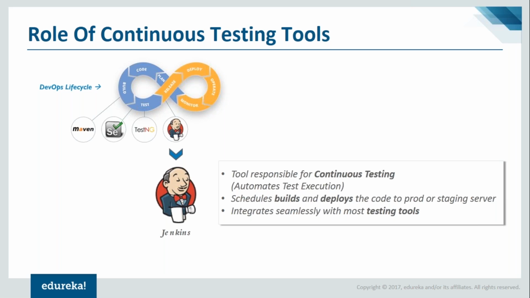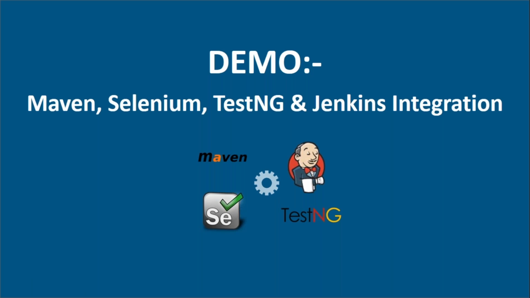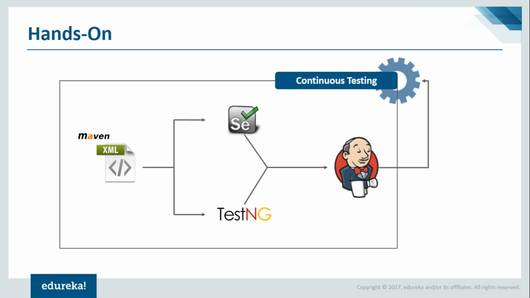Okay, so I think I've spoken enough. Let's get to the next topic, and let's get started with our demonstration. Okay, what I'm going to do is I'm going to use these four tools to achieve continuous testing. And what I will be doing is I will be using Maven to create one XML file, and in that XML file I will invoke my dependencies. I will invoke Selenium, and I will invoke TestNG, and I will get them to test a web page for me.